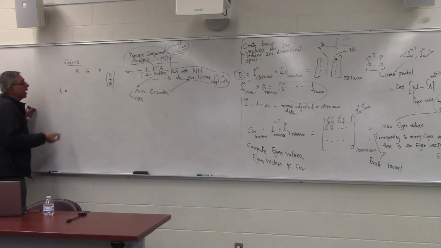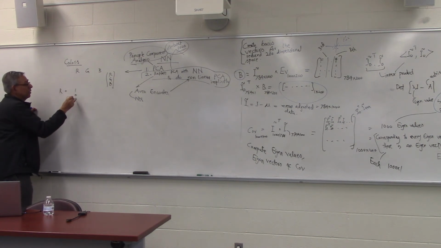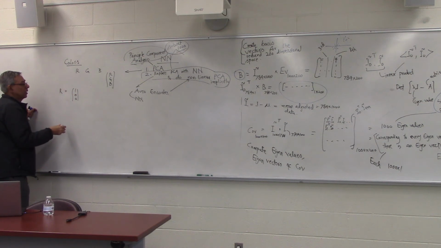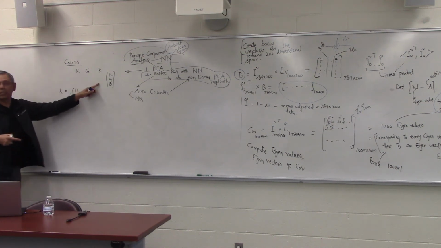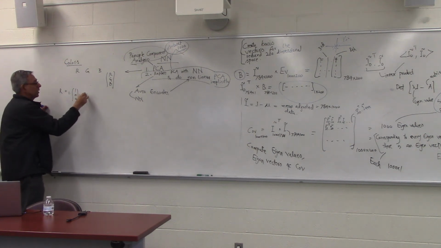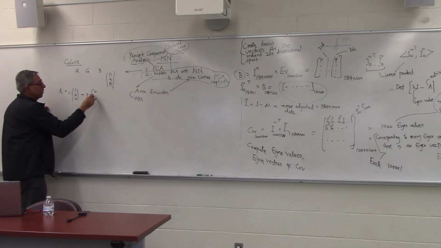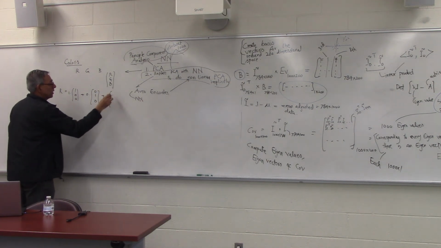Won't it be simply 1, 0, 0? 1 times the basis vector in the red space plus 0 times the basis vector in the green space plus 0 times the basis vector in the blue space.